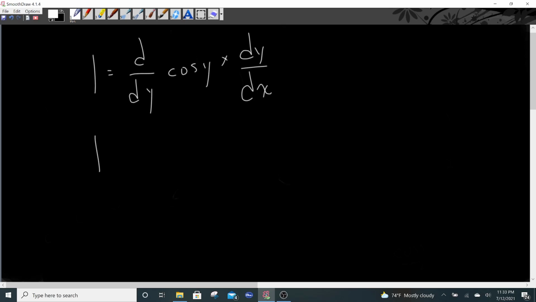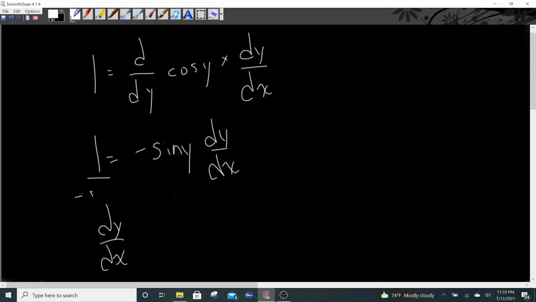And so, again, don't want to spend too much time on that, but we know that this would be just negative sine y times dy dx, which means that dy dx, if you divide both sides by negative sine y, then you would have negative 1 over sine y.